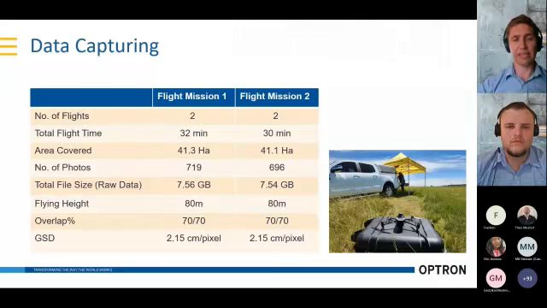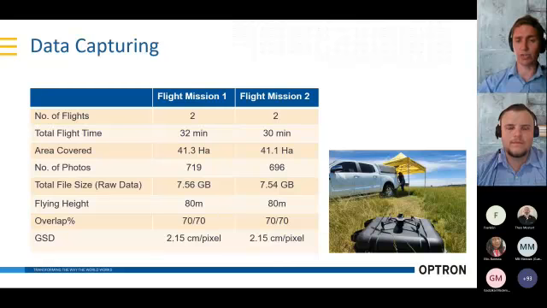The flying height that we maintained or tried to maintain over this project was about 80 meters. And then the percentage overlap was about 70-70. That is what we used. And also the ground sampling distance that was selected at the specific height was about 2.1 centimeter per pixel. This was what we captured and tried to achieve during the data capturing process.